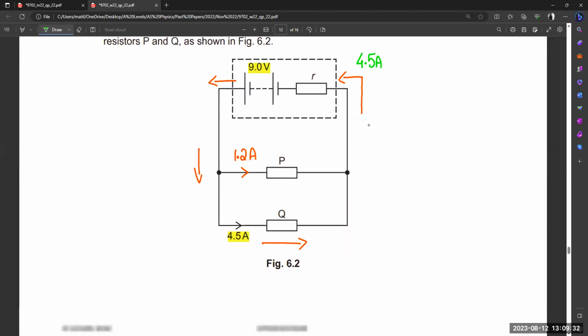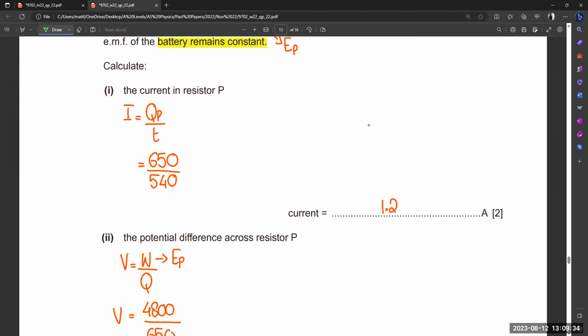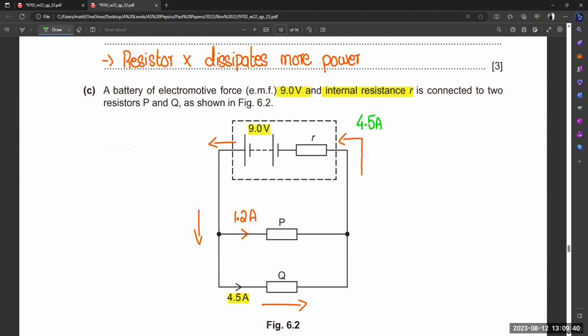And next, we have the value of electric current through P, that is 1.2, right? And then we have a value of 4.5. So actually there are two values of electric current. One is 1.2 and the second one is 4.5.